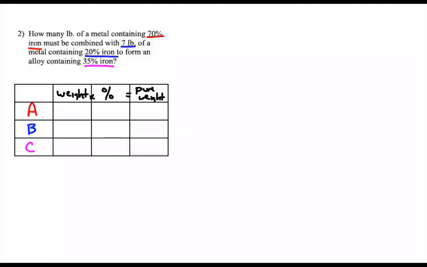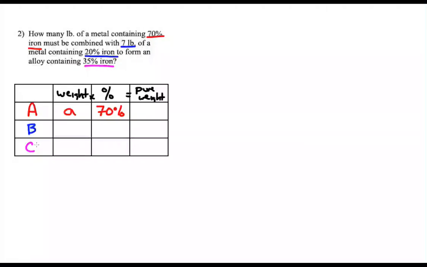So let's put in the values we have in our chart. Okay, A, how many pounds of a metal? We don't know how many pounds, so we'll call that X. And we know that it's 70%. You know what, rather than calling it X, why don't we call it A? It makes more sense because we're doing A. Okay, so we'll call it A, 70%.